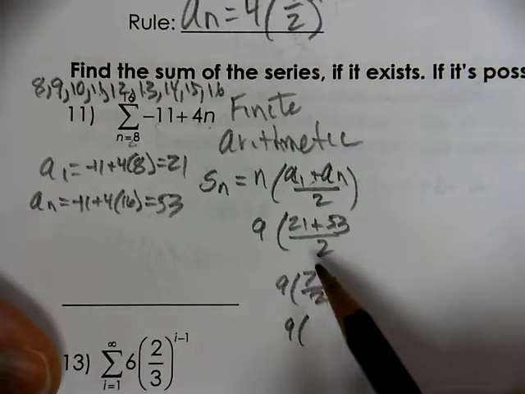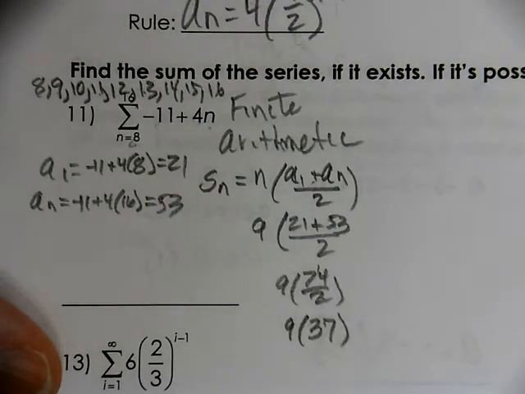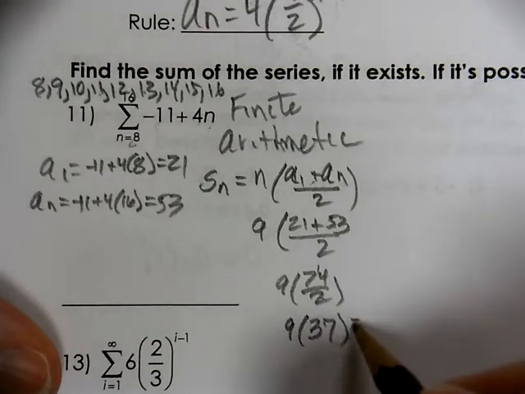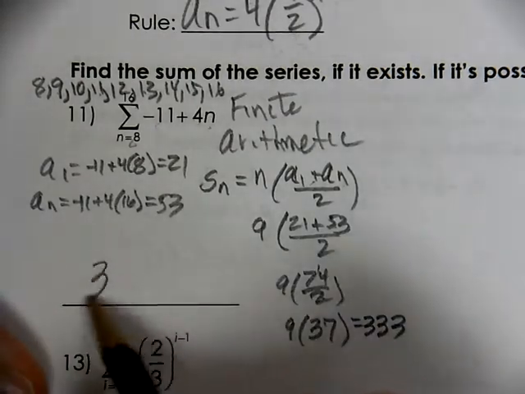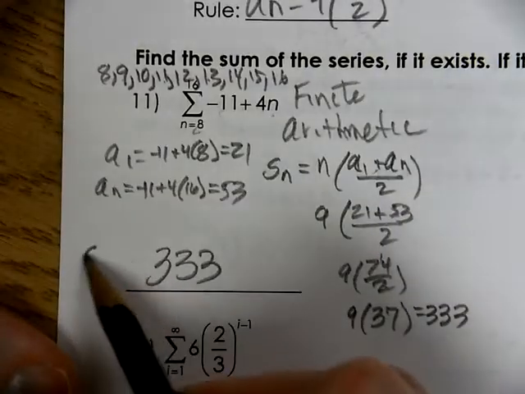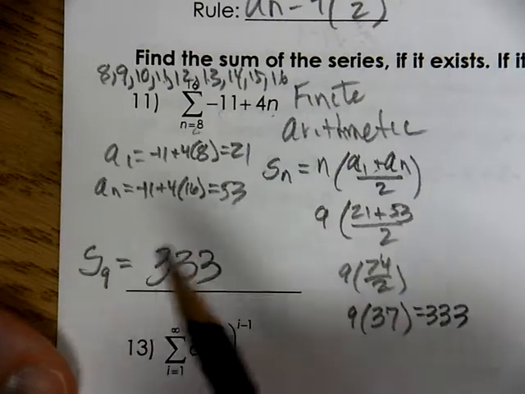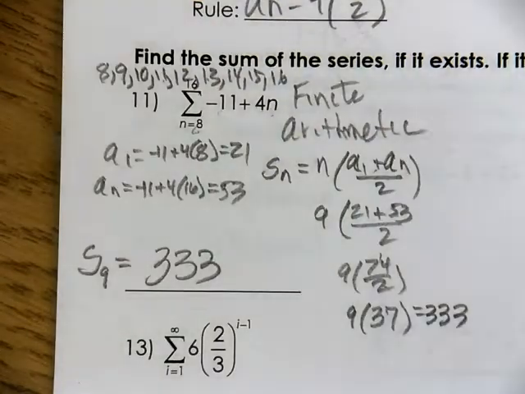So 2 goes into 7 3 times with 1 left over, so that's 37. So 9 times 37 gives us 333. So we could call this S of 9 because that was the 9th term. That was adding 9 different terms together.